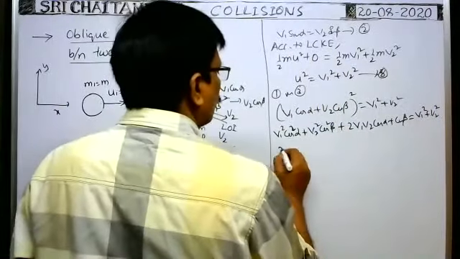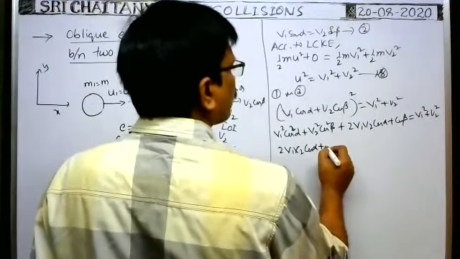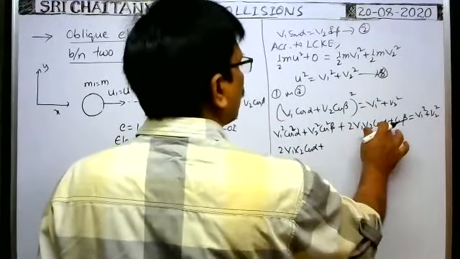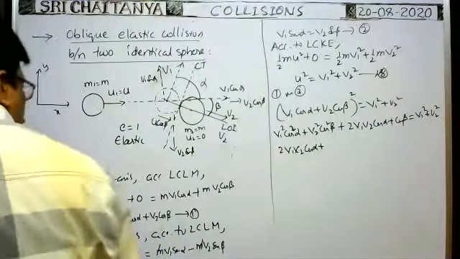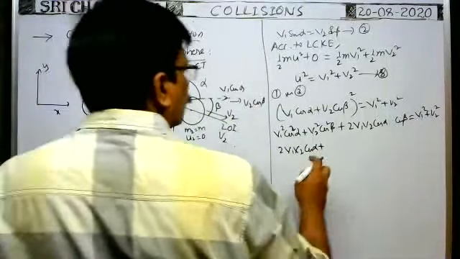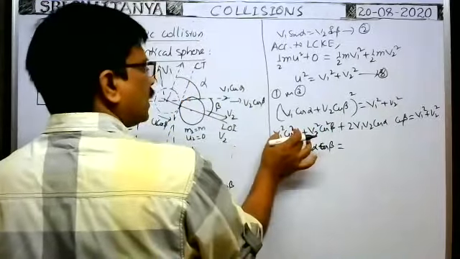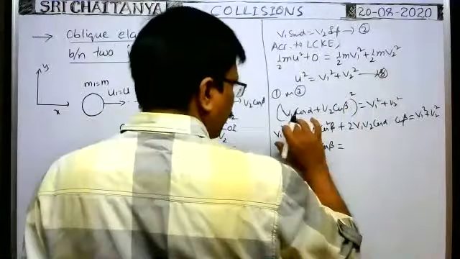So from this, 2 v1 v2 cos alpha cos beta is equal to, you write this v1 square cos square alpha, you bring to the right.